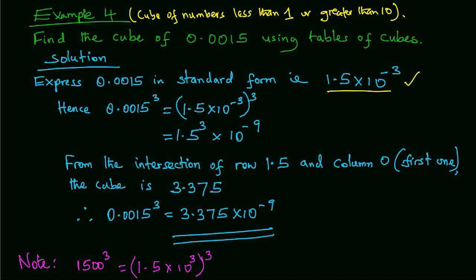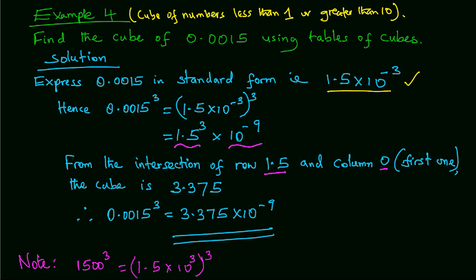Hence, 0.0015 cubed will be 1.5 times 10 power -3 cubed. And that would be 1.5 cubed times 10 power -9.